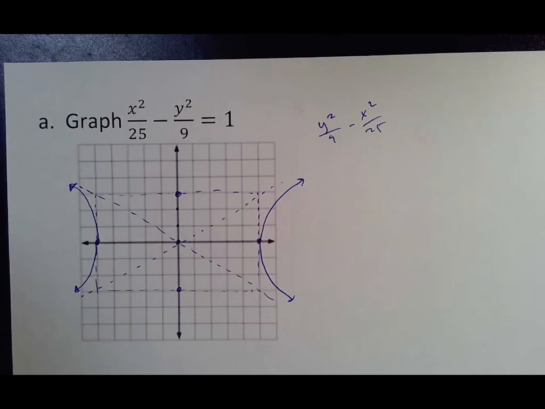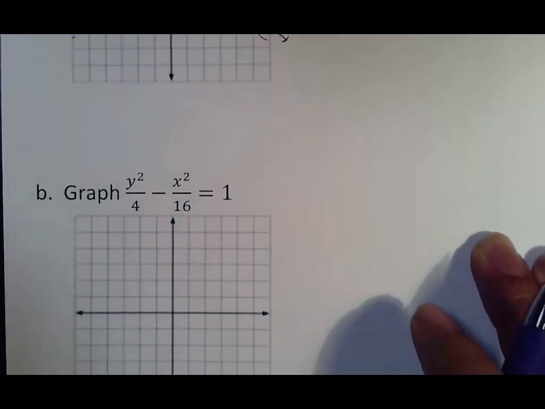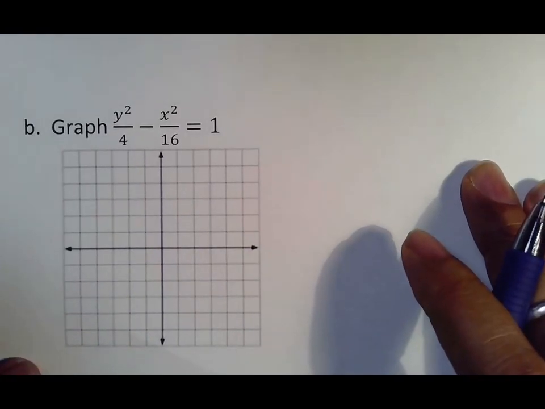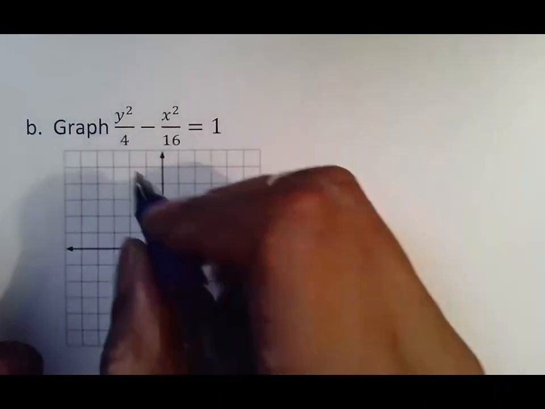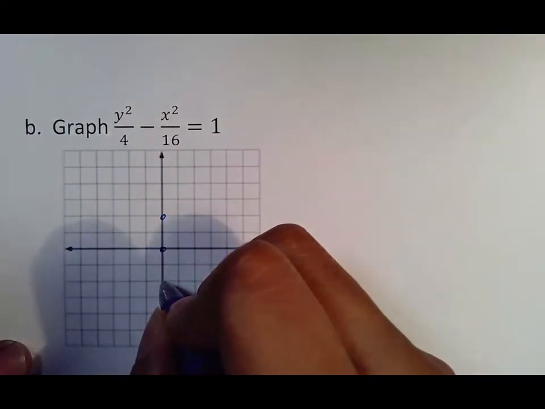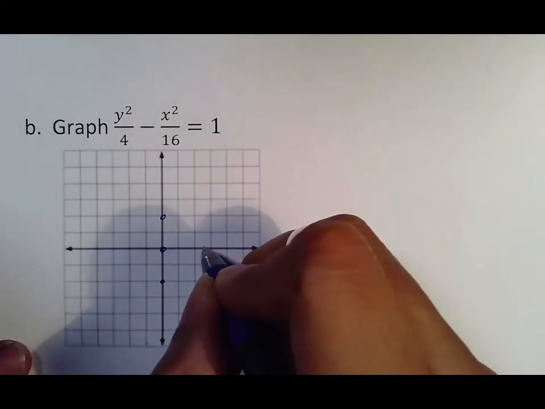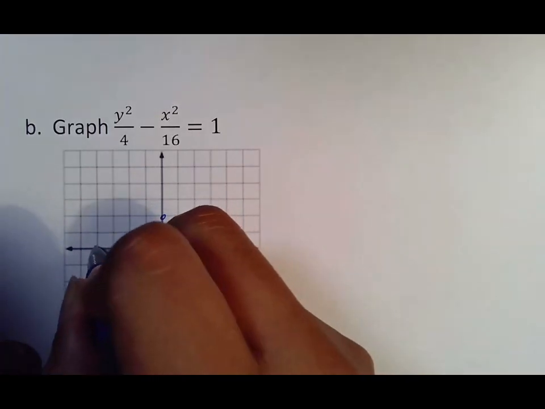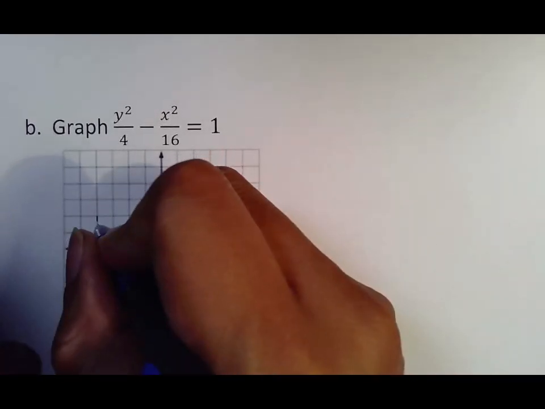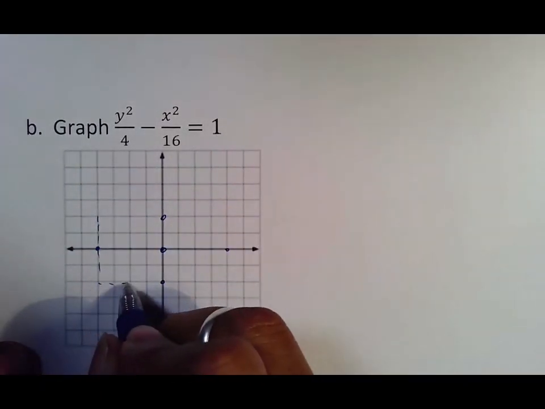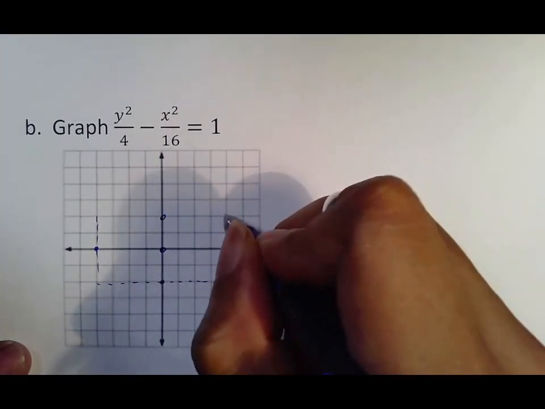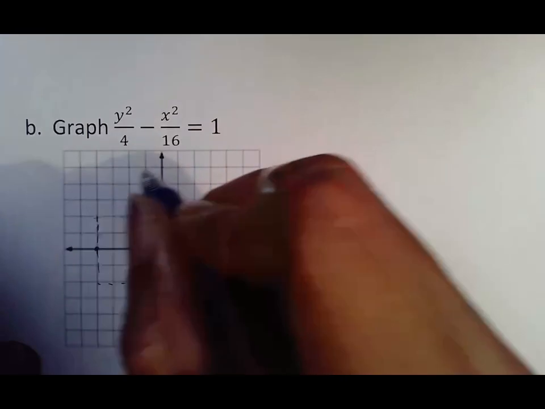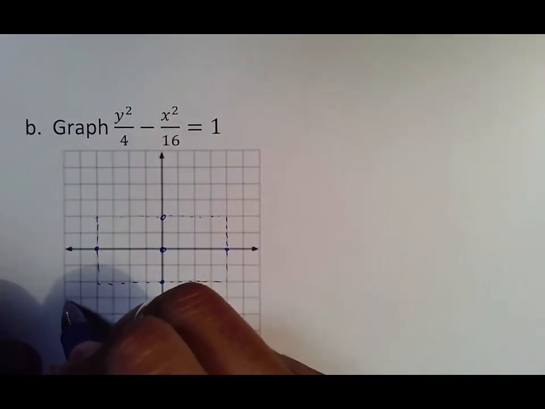All right. Looking at another one, once again, y squared over 4, x squared over 16. Again, your center is here. Y is 2 because that is your y number. X is 4. 1, 2, 3, 4. 1, 2, 3, 4. Make your rectangles. Draw your asymptotes.